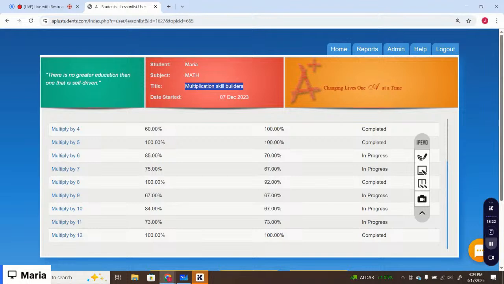The math chapter we're on right now is multiplication skill builders. Let's just start with the lesson multiply by 9.